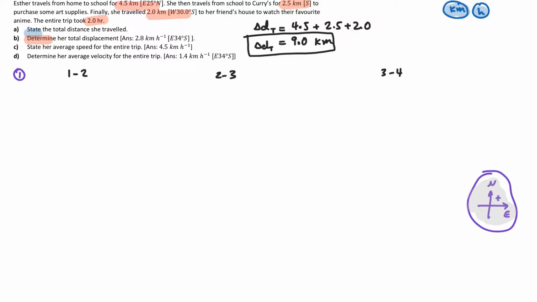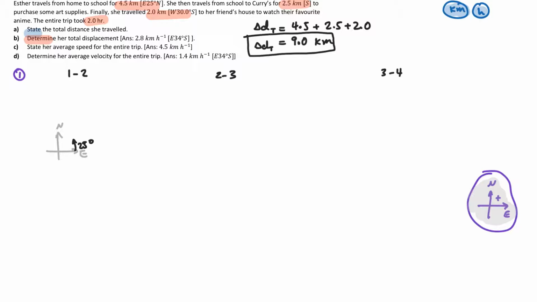From stage 1 to 2, I'm going to draw a north and east compass here. And we have 4.5 kilometers, 25 degrees north of east. So 25 degrees north of east is approximately here.